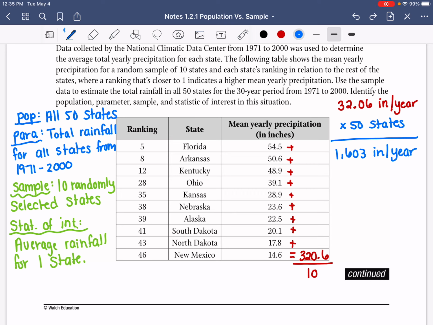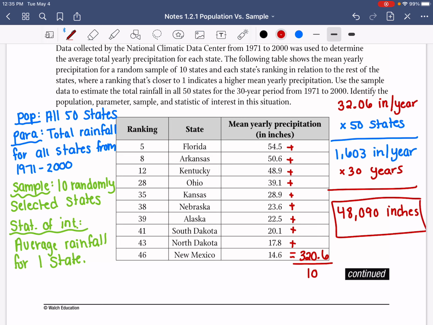And then we have to multiply it by the 30-year period. So then I'm going to multiply it times 30 years. So 1,603 times 30 gives me 48,090 inches. So that's how much rainfall that we got in that 30-year period.